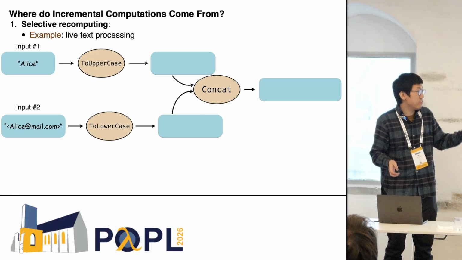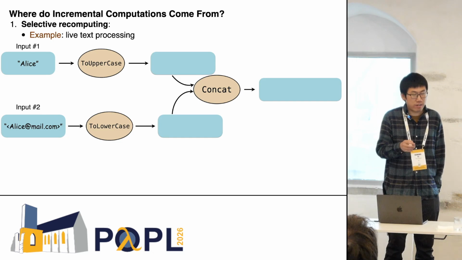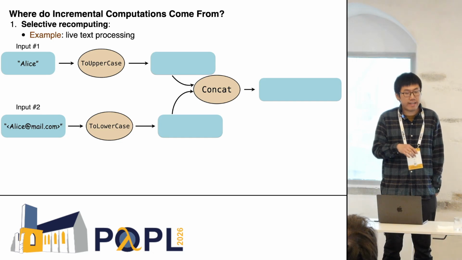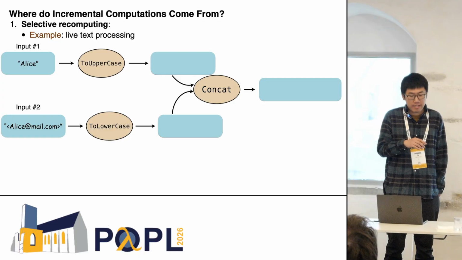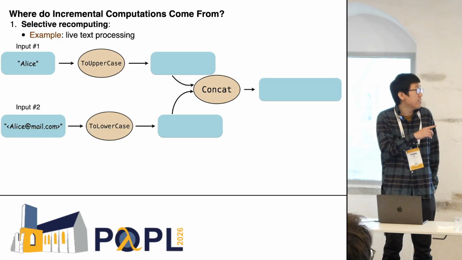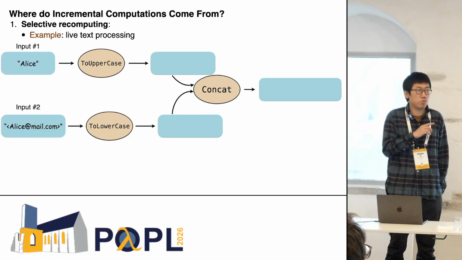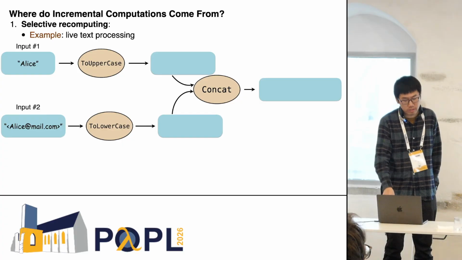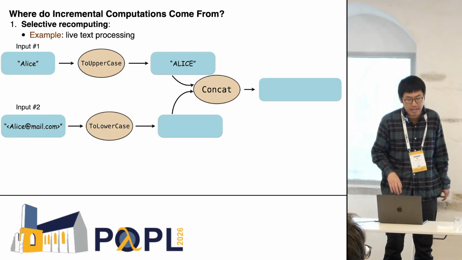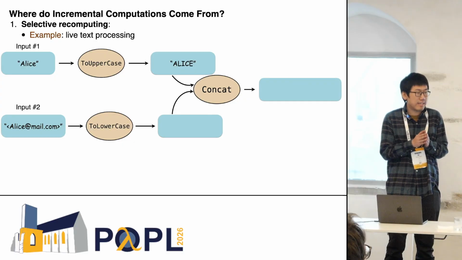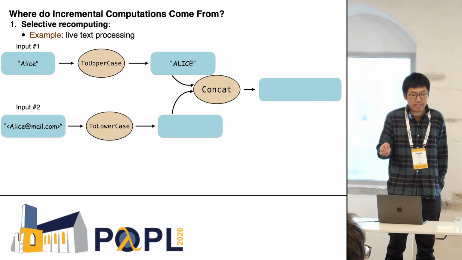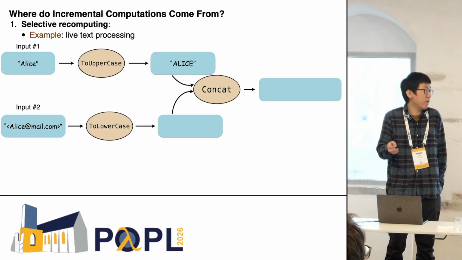This is the diagram of the computation, which takes two strings as input. On the top branch, we take a username, Alice, and apply the operator toUppercase to convert it into capital case. On the bottom branch, we take an email address and use toLowercase to normalize it to lowercase.